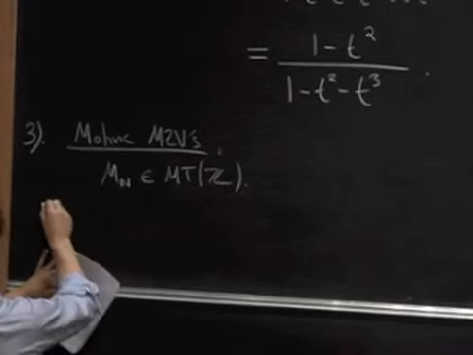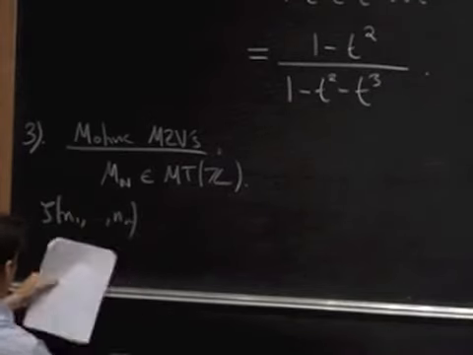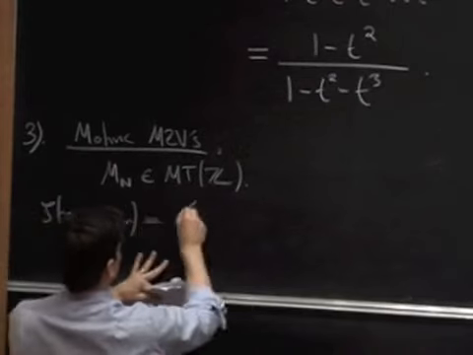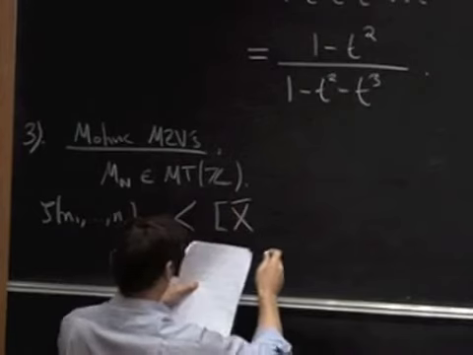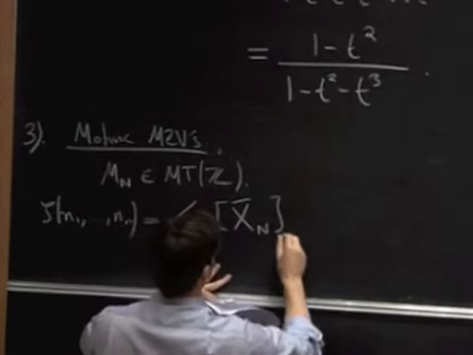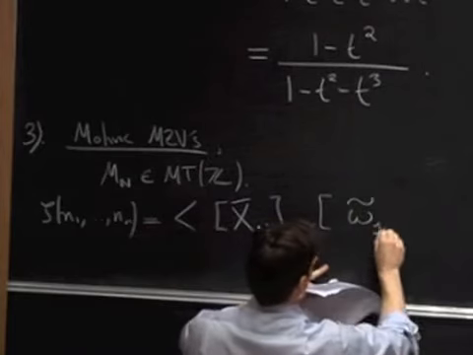And I explained that the multiple zeta value is just the integration pairing of some domain of integration with some differential form.